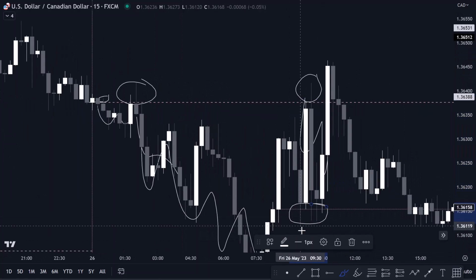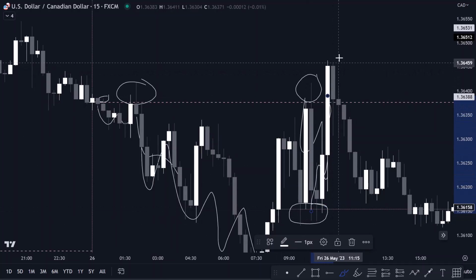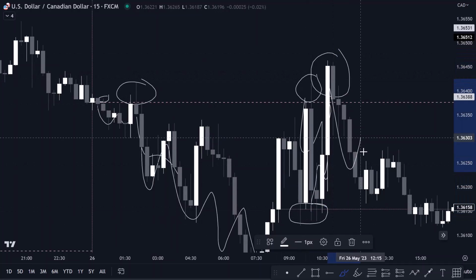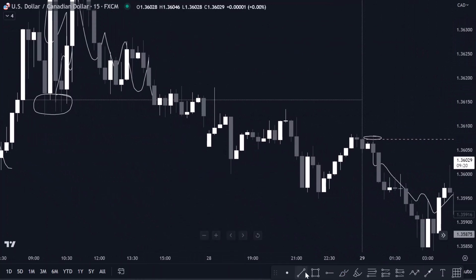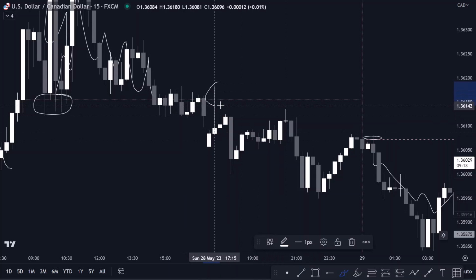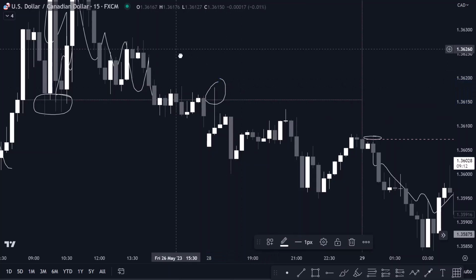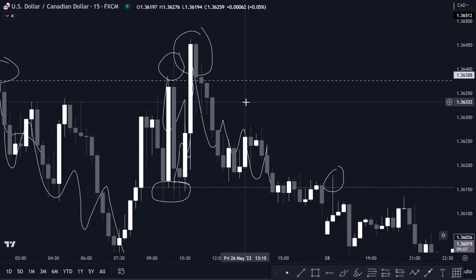You see the wicks below the 830 level, and price started to go up into the midnight open, and price started to go down. And you see how price respects this 830 level. So you can consider this as supply and demand zones, support and resistance, a pivot point, basically a level that you need to pay attention to in the future.